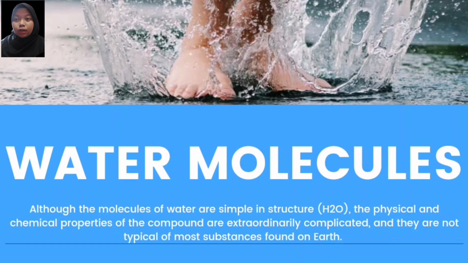Now we want to talk about the water molecules. Although the molecules of water are simple in structure, H2O, the physical and chemical properties of the compound are extraordinarily complicated and they are not typical of most substances found on Earth.